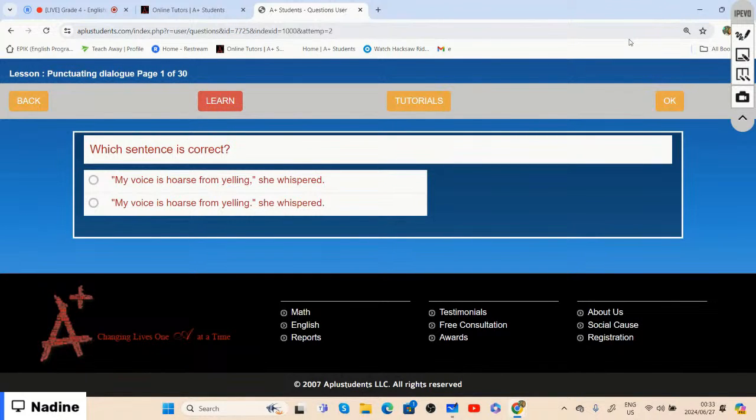All right. It says, which sentence is correct? "My voice is hoarse from yelling," comma, she whispered. Or do we say, "My voice is hoarse from yelling," period, she whispered? Option one with a comma or option two, period. Which one is correct?